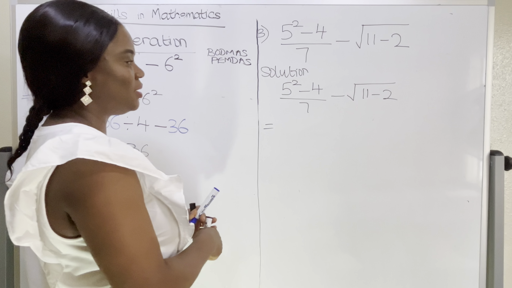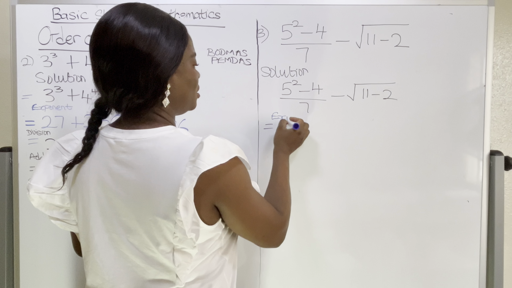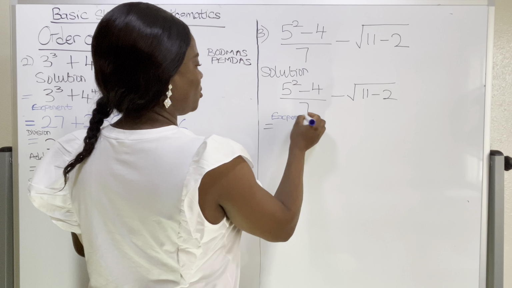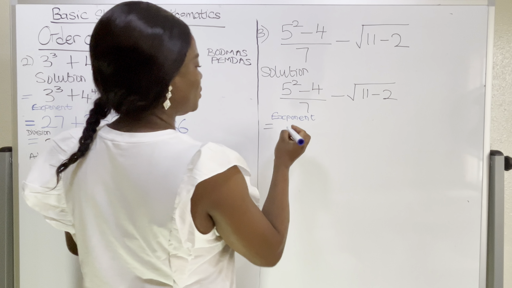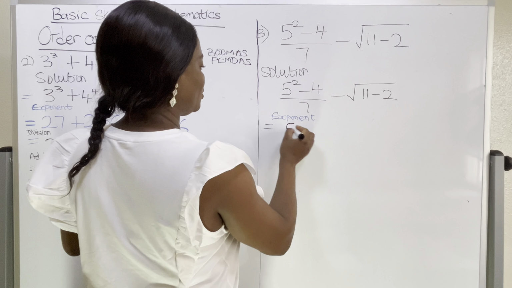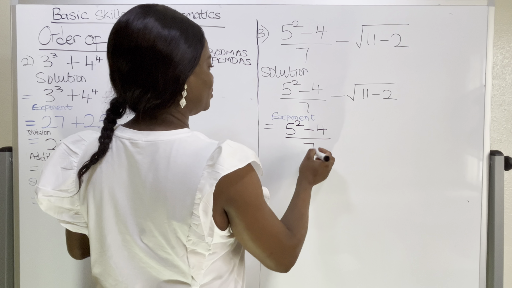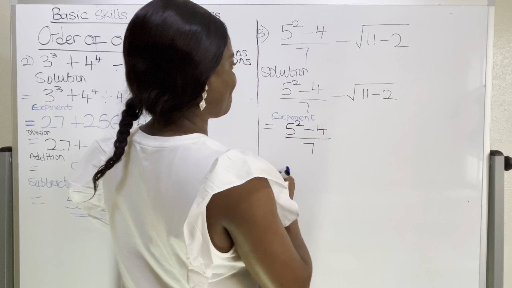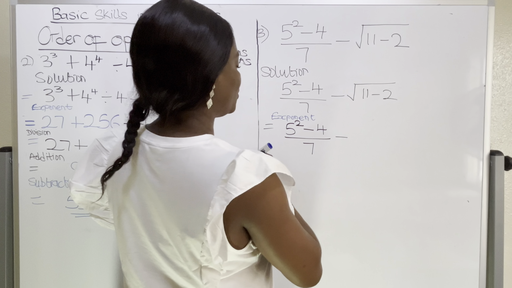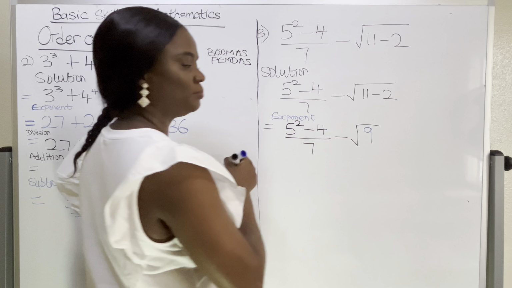So the first thing is going to be the exponent, which will be this point, which is 5 square minus 4 over 7 minus square root of 9.